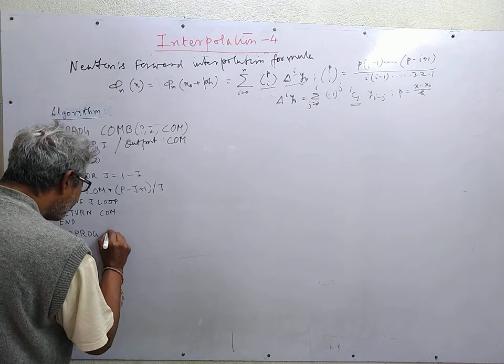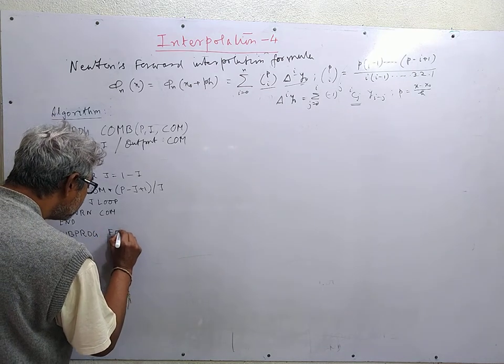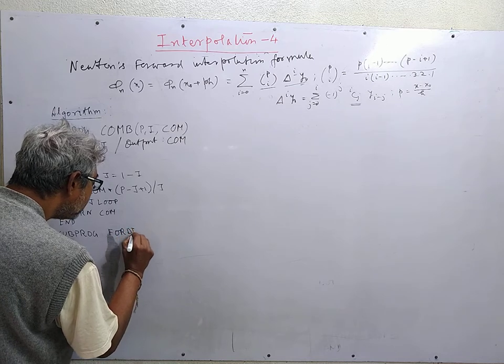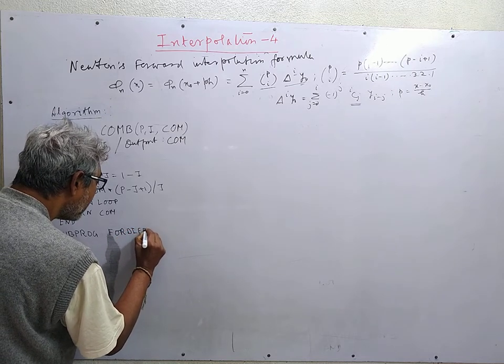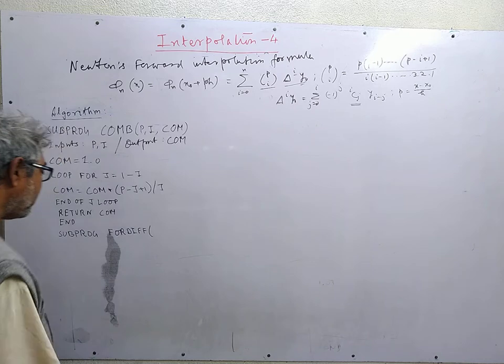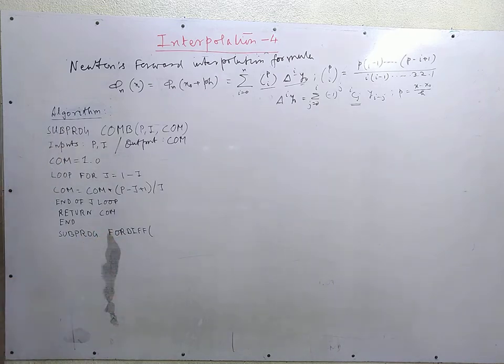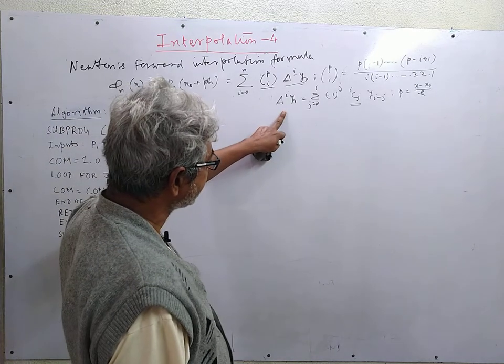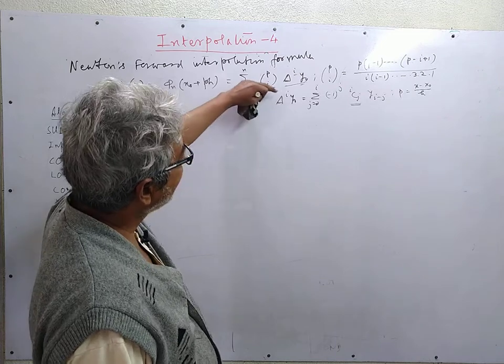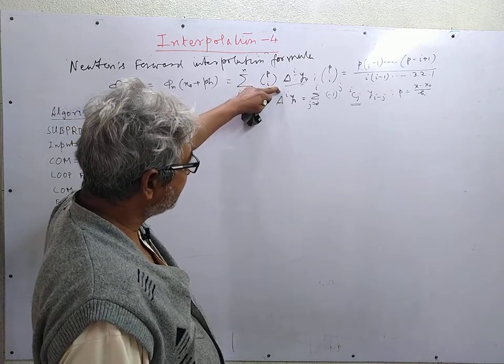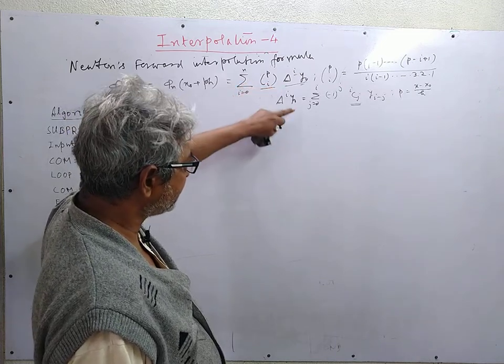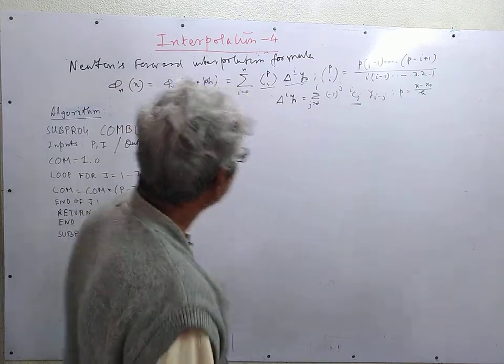Then we come to the subprogram for the forward difference. Before specifying the arguments, it is the forward difference formula, so it requires the value of I, the ith forward difference to be calculated, and you require the set of y values.